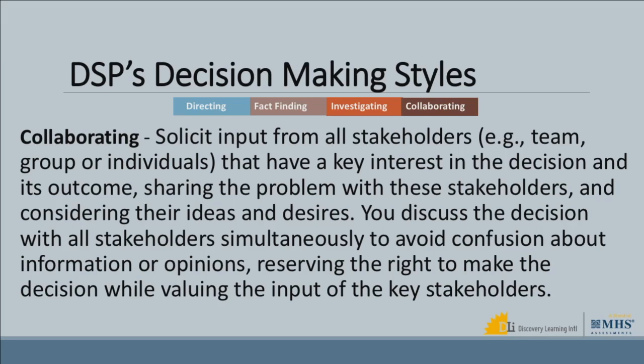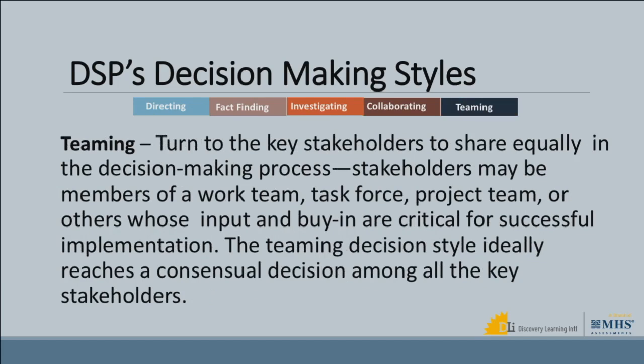In the end, I still, as a decision maker, am accountable. And then lastly, there's teaming, which is I turn the entire process over to the group or to the larger whole. And we share information and trade it, but the group has to reach some group decision, some consensus, and that's the team's to decide.